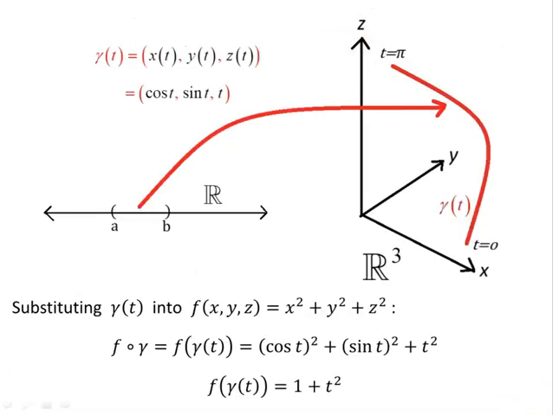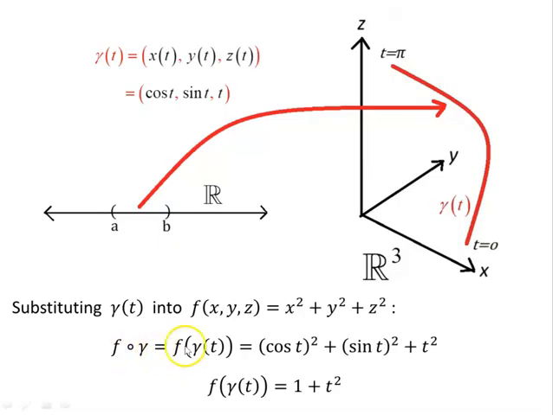All right, so as a picture here in R^3, here's our curve gamma of t. We see it's a mapping from the interval [a,b] in R to R^3. Substituting gamma of t into f of x, y, z, we want f composed with gamma, where f is x squared plus y squared plus z squared.